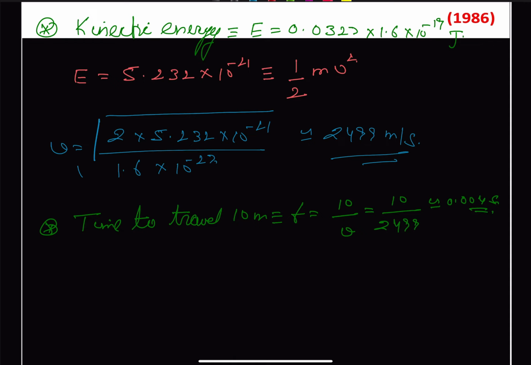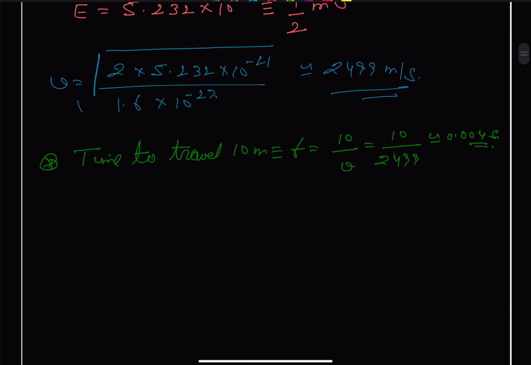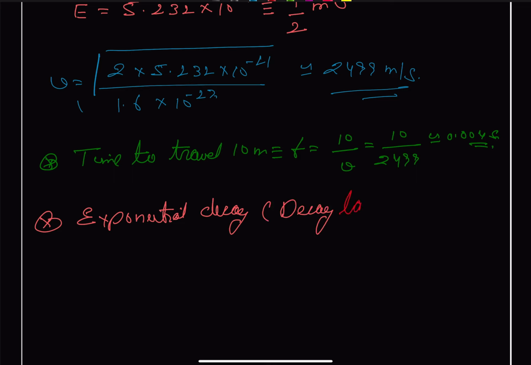Now we are going to use the exponential decay formula, or we can also call that the decay law, which gives us that the value of N is equal to N naught e raised to power minus lambda t.